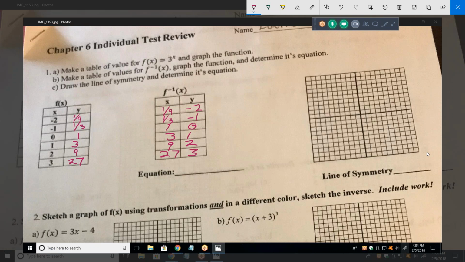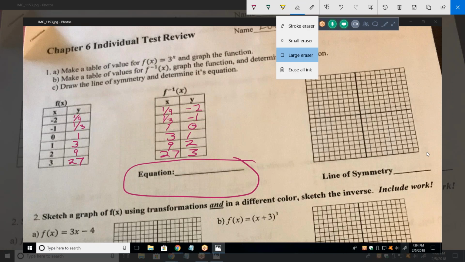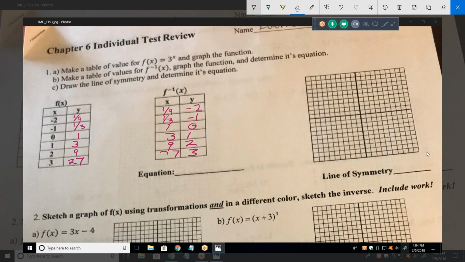Now, on this question right there: draw a line of symmetry and determine its equation. All right. I think that's what they want there. What else is true about inverses?